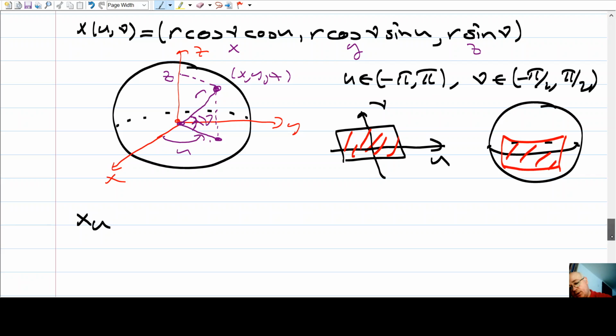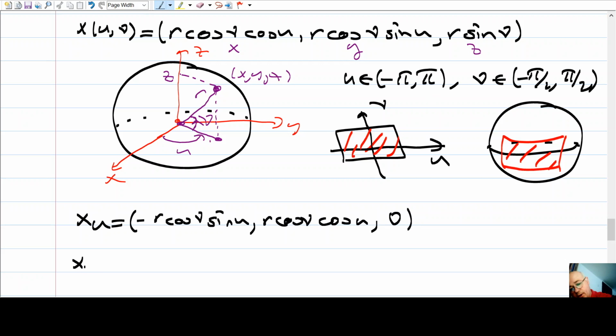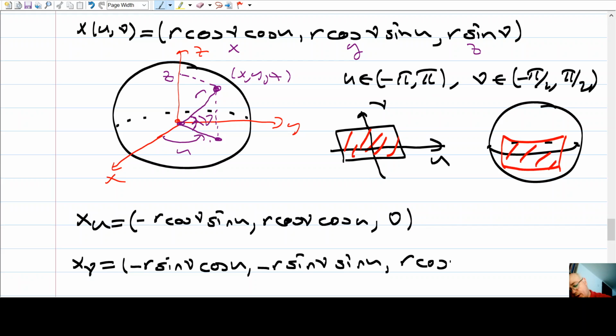So when you take derivatives with respect to u, you get minus r cosine nu sine u, r times cosine nu cosine u, and 0 for the third. And the derivative with respect to nu is minus r sine nu cosine u, minus r sine nu sine u, and r times cosine nu.